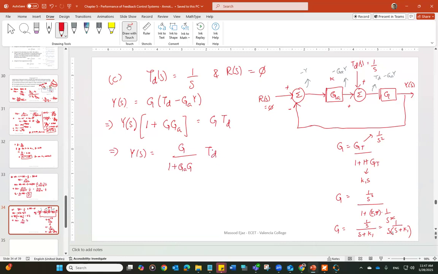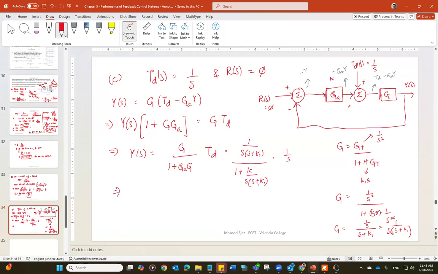Let's go ahead and plug in expressions. G is 1 over S plus K1. 1 plus GA G is K divided by S plus K1. And of course, TD is 1 over S. Let's simplify it.